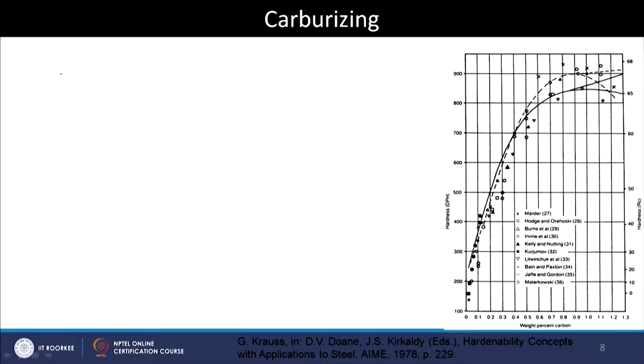So, in order to understand this, we need to understand the so-called TTT diagram or the CCT diagram. For example, you know the TTT diagram. What does this 3 T stand for?